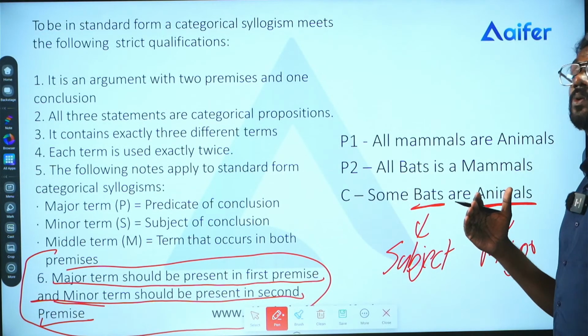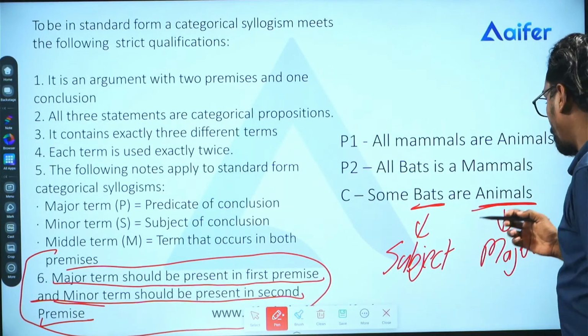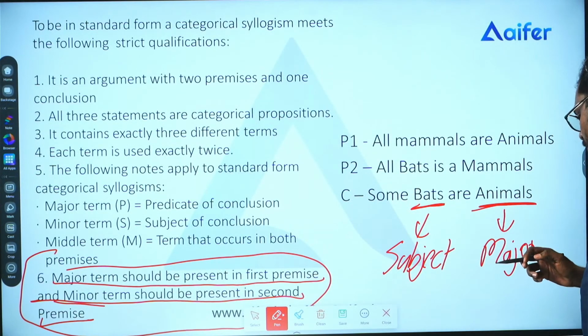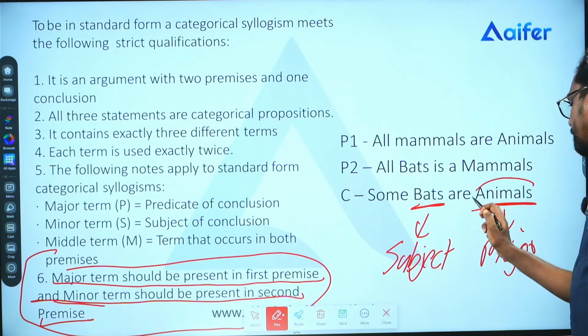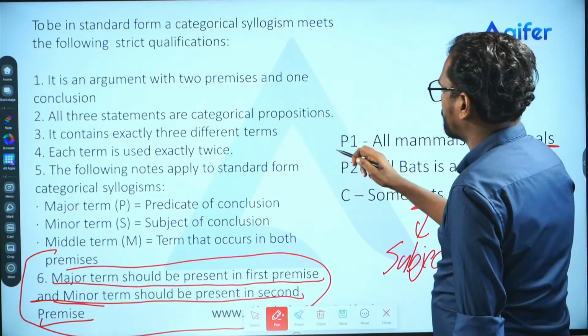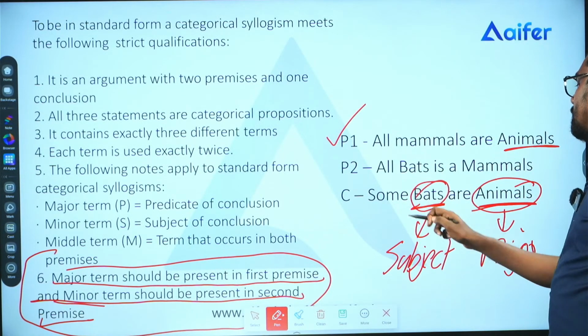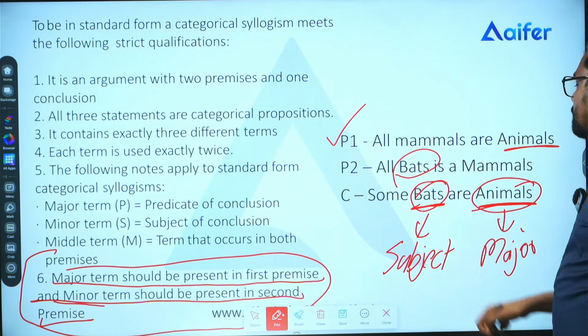What do we mean by standard form of syllogism? The major term should be present in the first premise and the minor term should be present in the second premise.